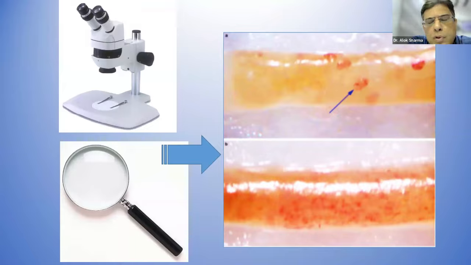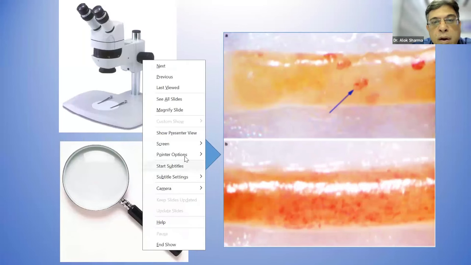In most of the renal biopsies where we are suspecting glomerular diseases, we need to be sure whether there are glomeruli or not, right? There are techniques by which, at the bedside, you can identify the glomeruli in the tissue specimen itself. You can take either a hand lens or a dissecting microscope, as I've shown you here, and then try to see if you can look at the glomeruli.